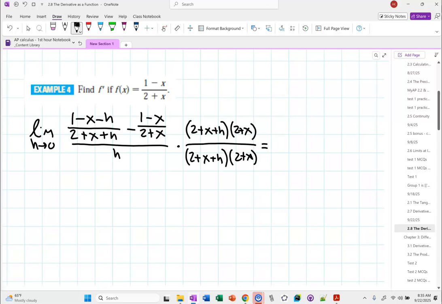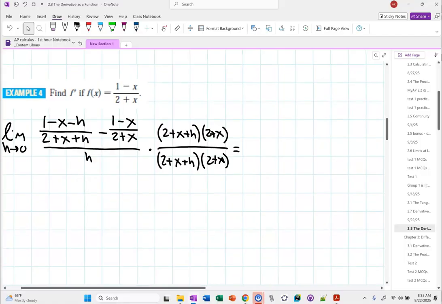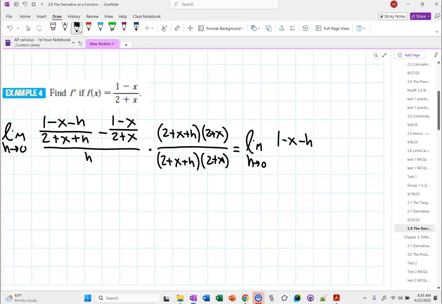That's probably the trickiest step. Why is it on minus?